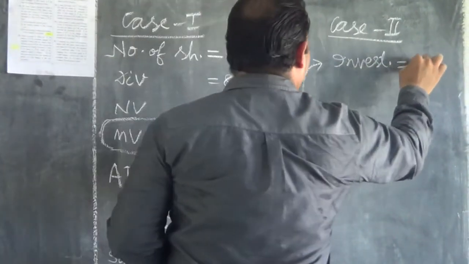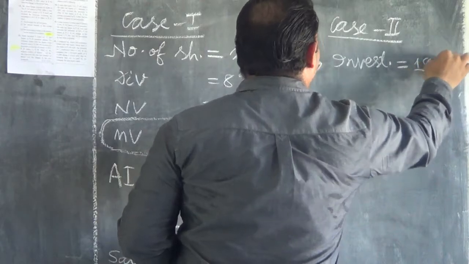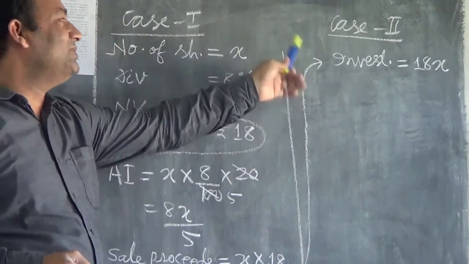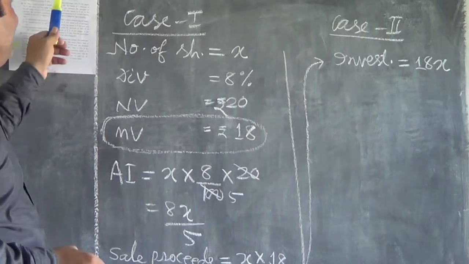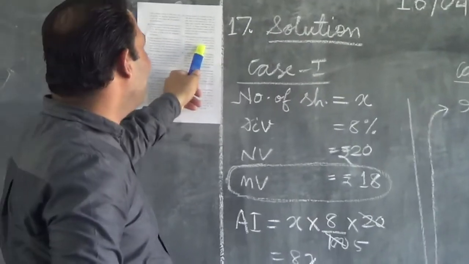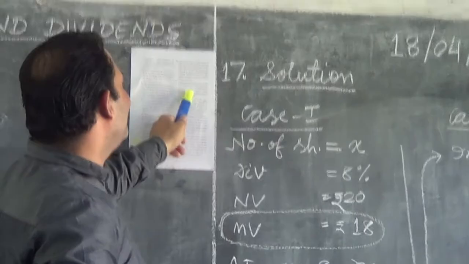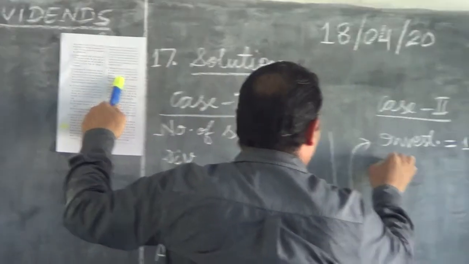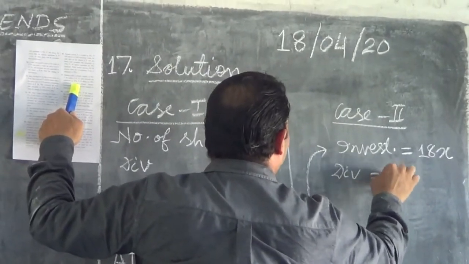How much money he invested? 18x rupees is the investment. This money he took and went to the share market, and he invested that amount in another company, invested the proceeds in 12%. Dividend is 12%.